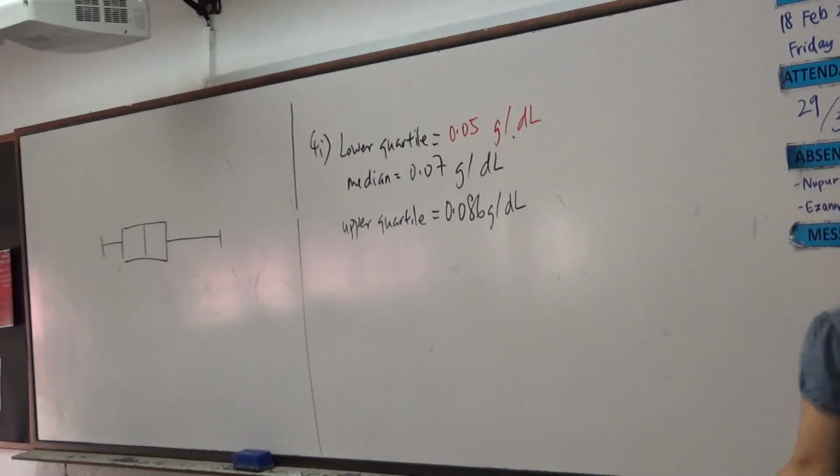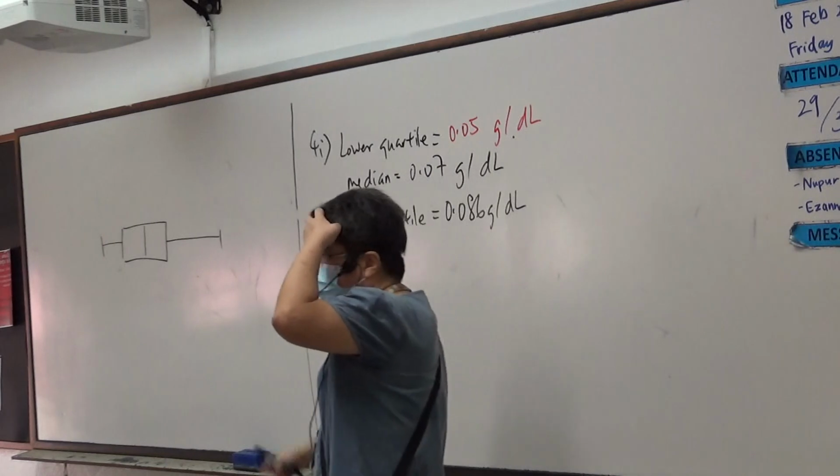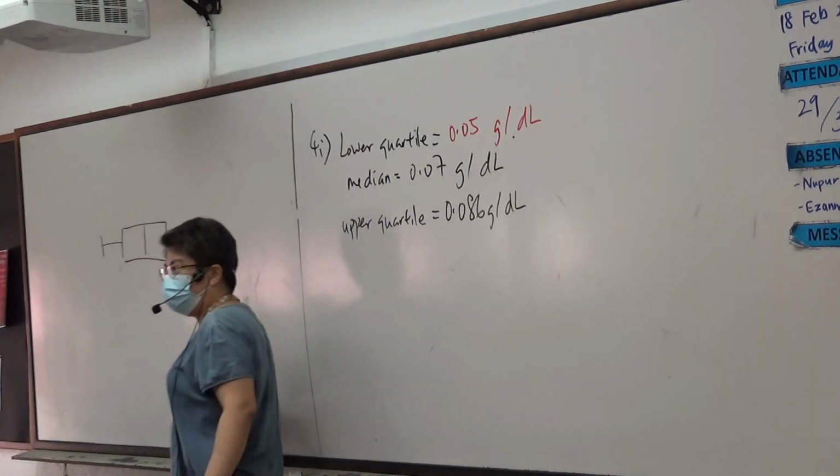Can you tell me which whisker is longer? The right or the left? This is the right, this is the left. Which one is longer? The right side, right?